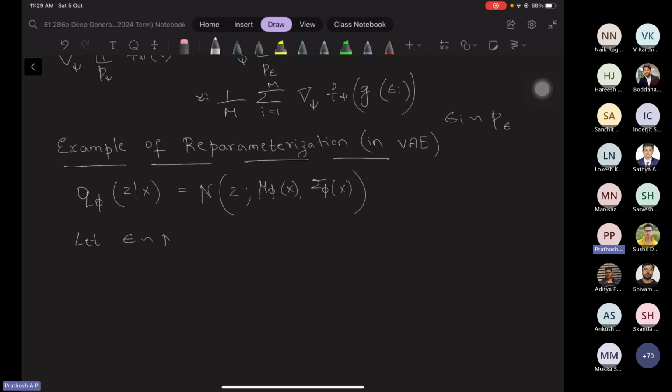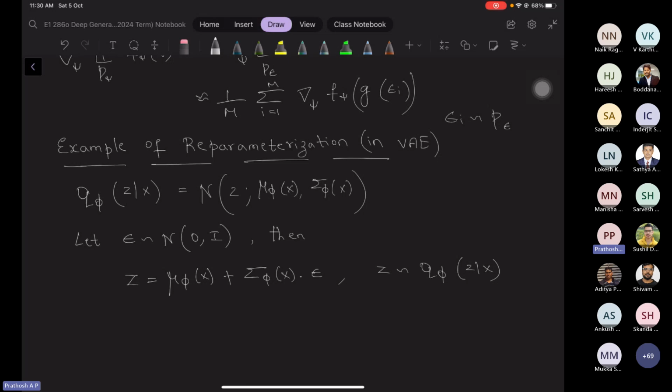Let epsilon be a Gaussian distribution with zero mean and unit variance. If you do that, then z is equal to mu phi of x plus sigma phi of x times epsilon. If I do this, then z will have distribution equal to z given x.